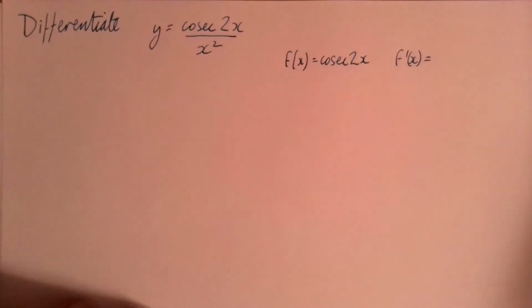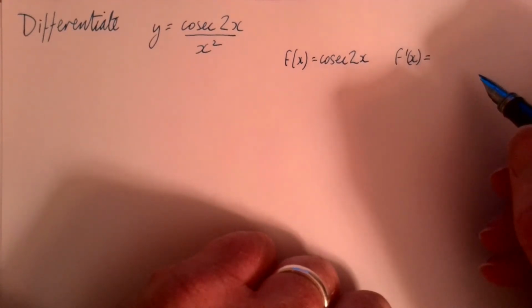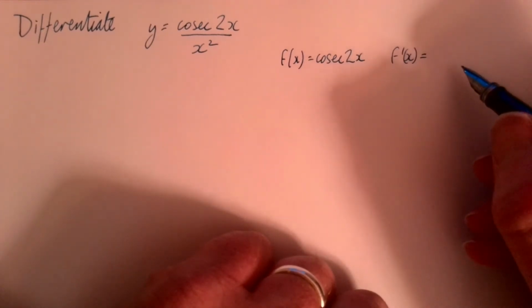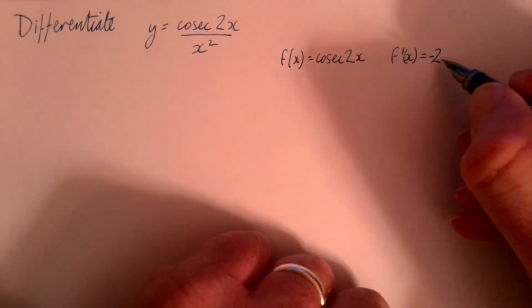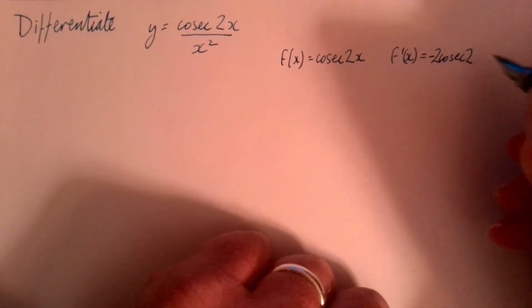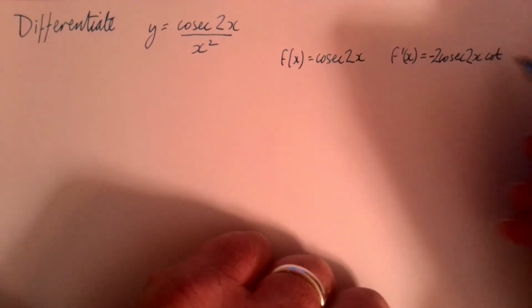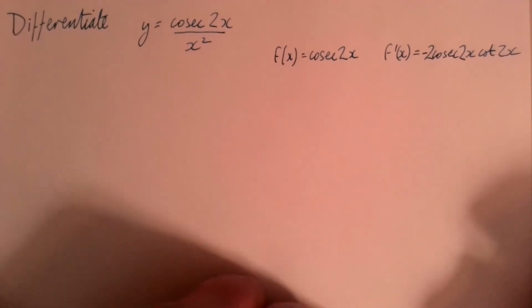So look out your tables if you haven't got them at the moment, and I'll make sure that I put another PDF attached to this so that you can find them easy enough. So that'll be minus 2 cosec 2x cot 2x. So it's rather a lot, I know, but there you go.